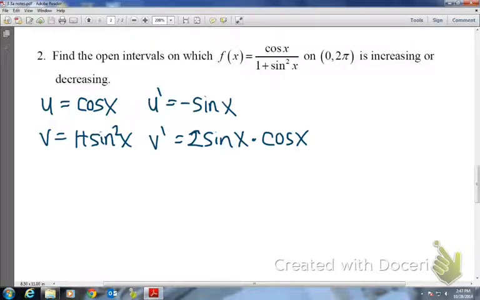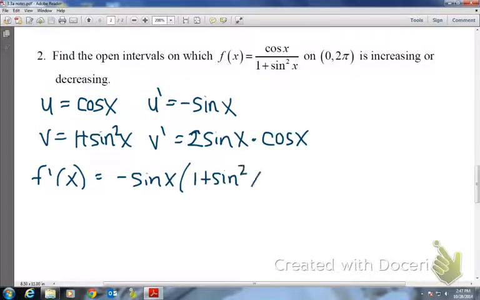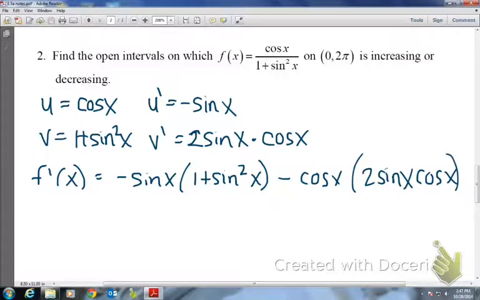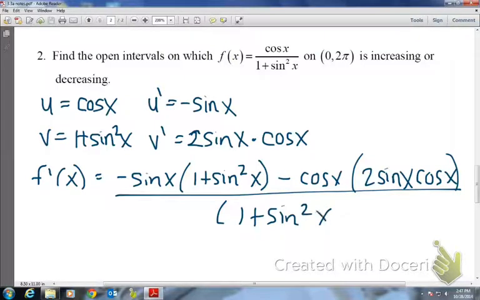So when I multiply, here's my f prime of x. I multiply backwards first, so I get negative sine of x times 1 plus sine squared of x minus cosine of x times 2 sine x cosine x, all over 1 plus sine squared x.